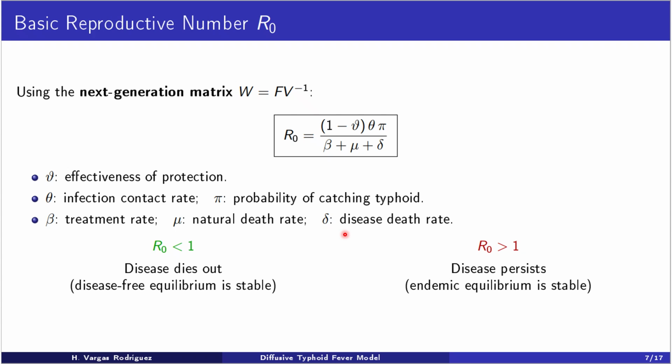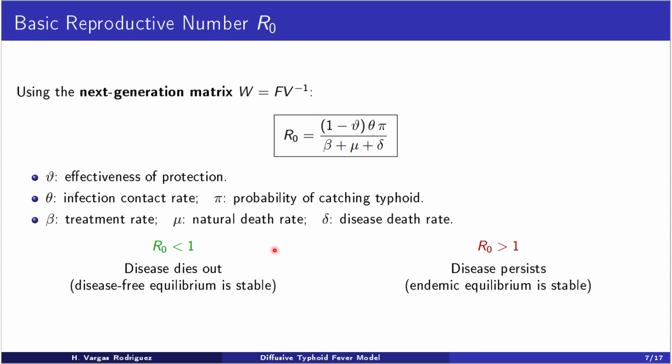The interpretation is intuitive. If R0 is less than 1, each infected individual generates on average less than one secondary infection. So the disease eventually dies out and the disease-free equilibrium is achieved.